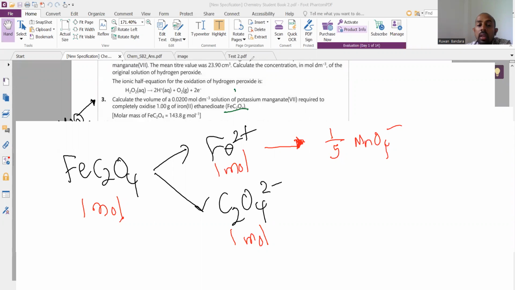In another way, I can say, make it 5 moles. In 5 moles of FeC2O4, you have 5 of Fe2 plus and 5 of C2O4 2 minus. To react with 5 moles of Fe2 plus, you need 1 mole of MnO4 minus, because the ratio is 1 to 5. Is this clear?